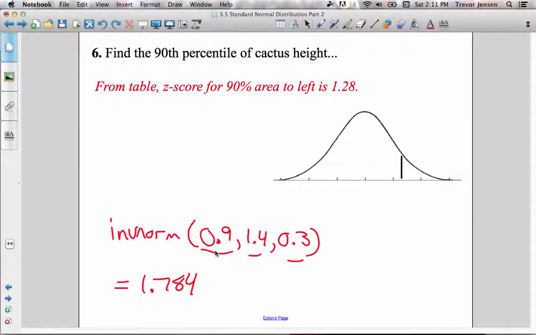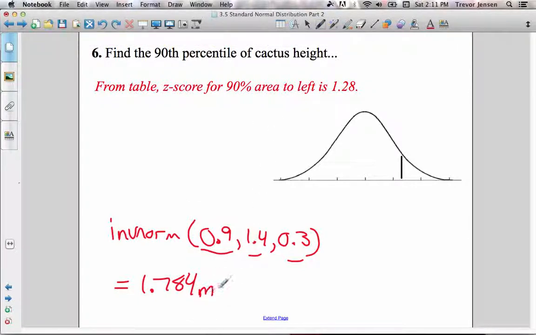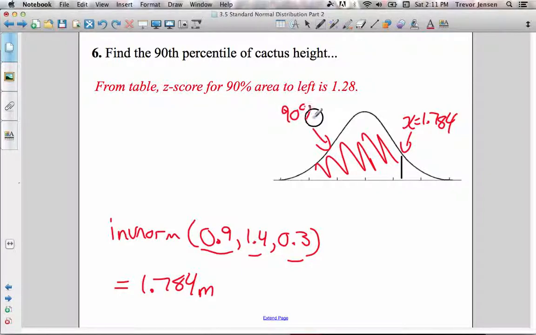So a cactus of 1.784 meters tall, x equals 1.784, would be in the 90th percentile because the area to the left of that would be 0.9, which means 90% of the cacti have a height of this or less.